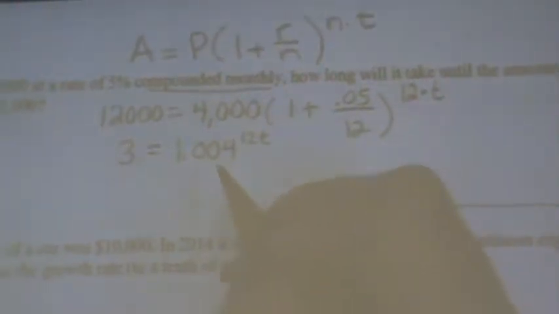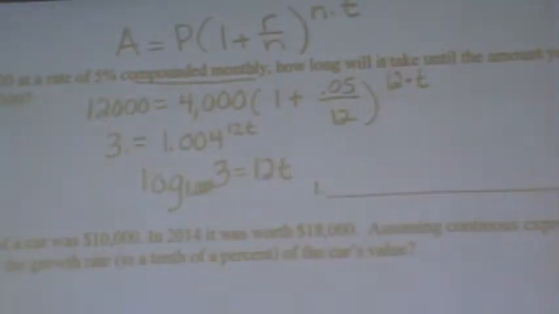Now this is where you're going to convert it into a log problem. It would be the log of 3 base 1.004 equals 12t, and then divide that answer by 12. And you guys all got this. It was 22.02 months. I'm sorry, years.